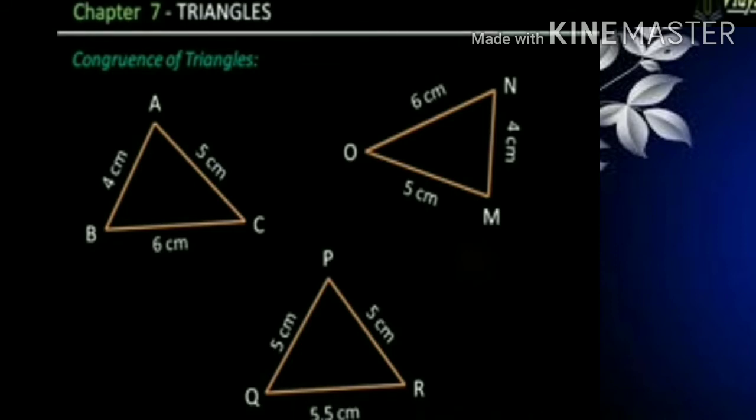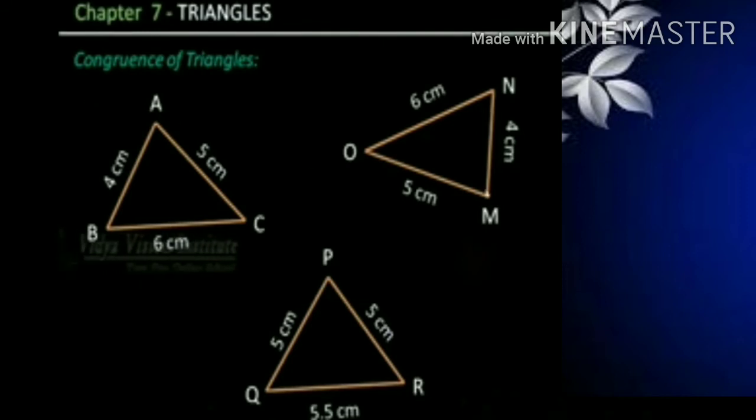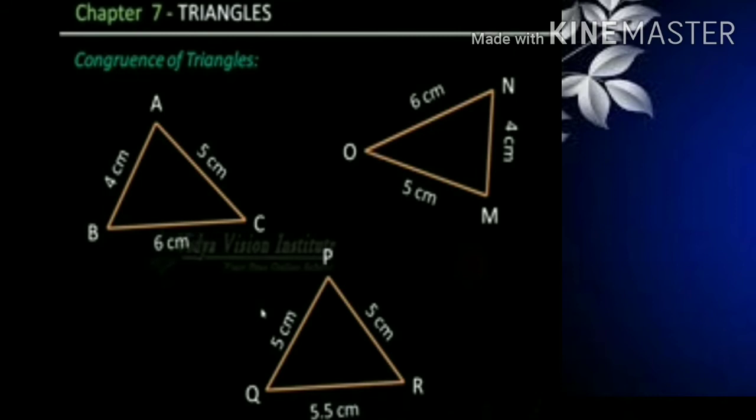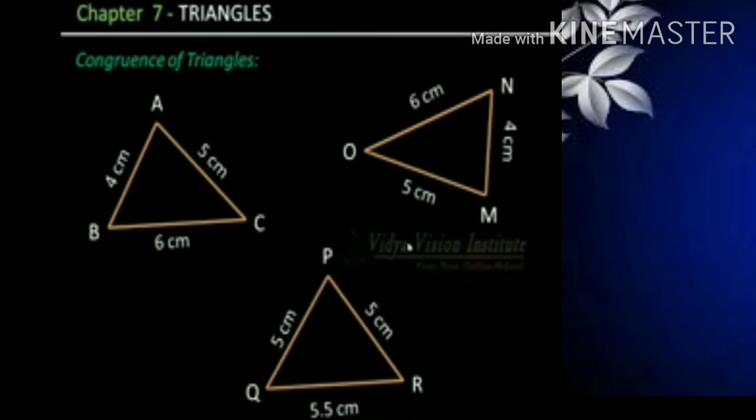Now students, just try to identify which two triangles are congruent. In order to find out, observe these triangles and the sides carefully. The observation is very important. The sides should be corresponding and the measurements should be equal.